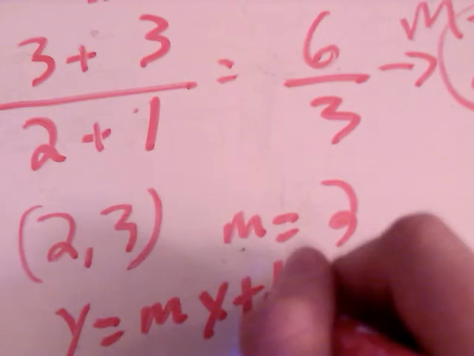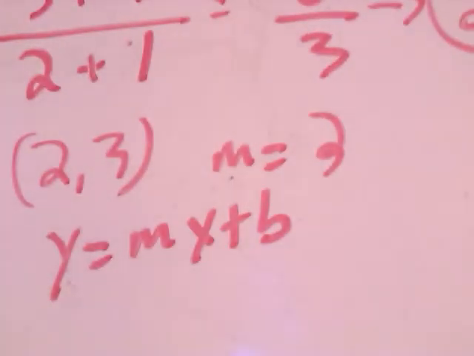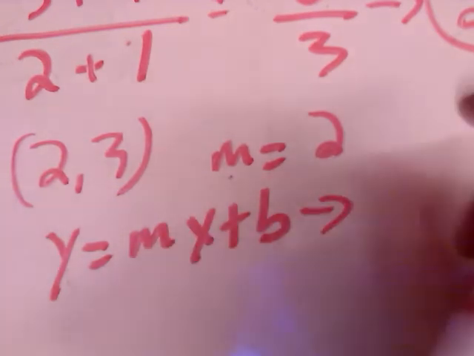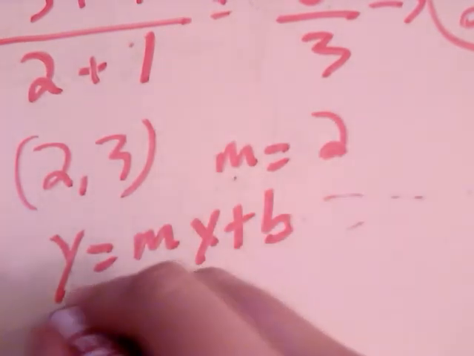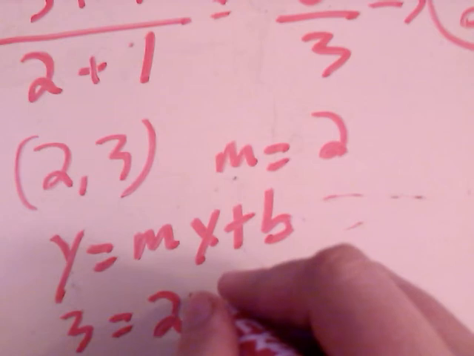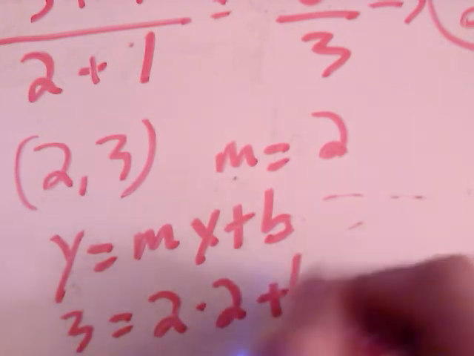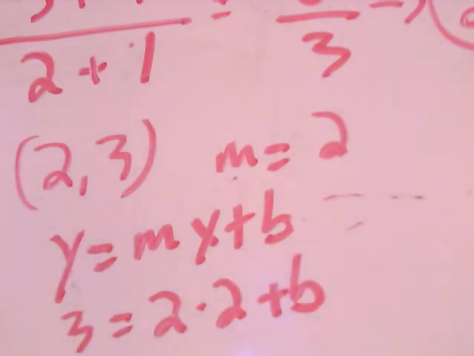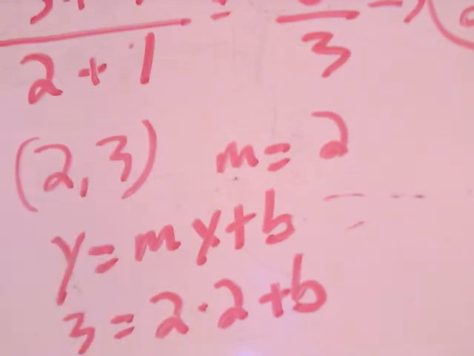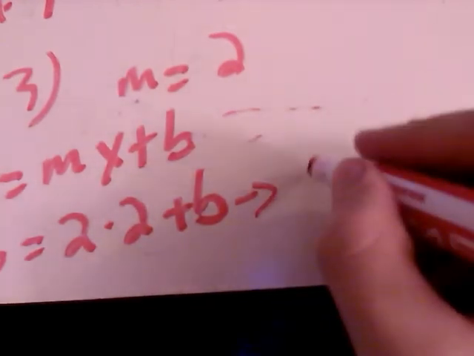So now that we have that, we can plug in a point and a slope into our problem to find b. Actually, right underneath it. So we get 3 equals 2 times 2 plus b. Plug in our numbers from right there.